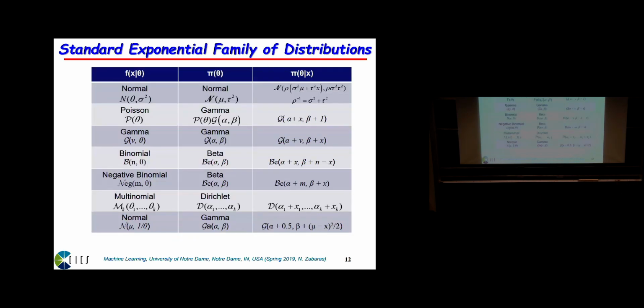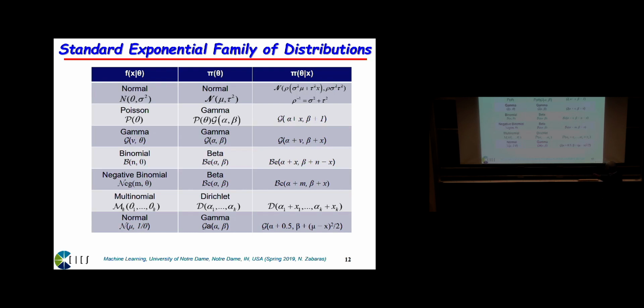And so here is a little table, not as comprehensive as the one Wikipedia has, but what you see here is likelihoods. These are the conjugate priors, and the posteriors that you see here, immediately you can appreciate what you do is you update the parameters of the prior. I see here if the precision is the unknown variable, 1 over the variance, and you put a gamma distribution as a prior, that's standard.